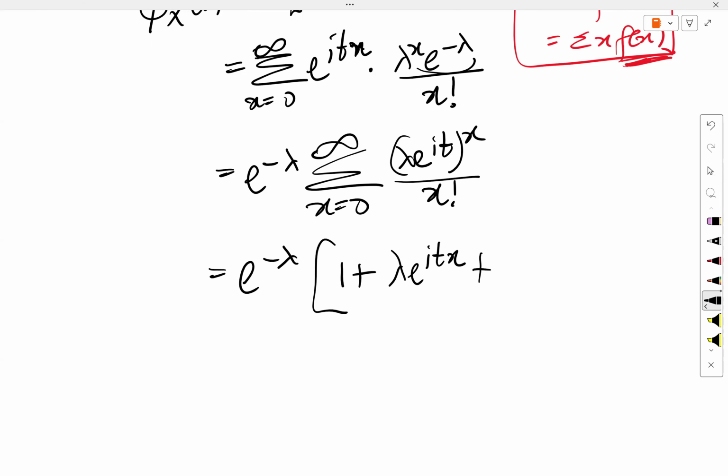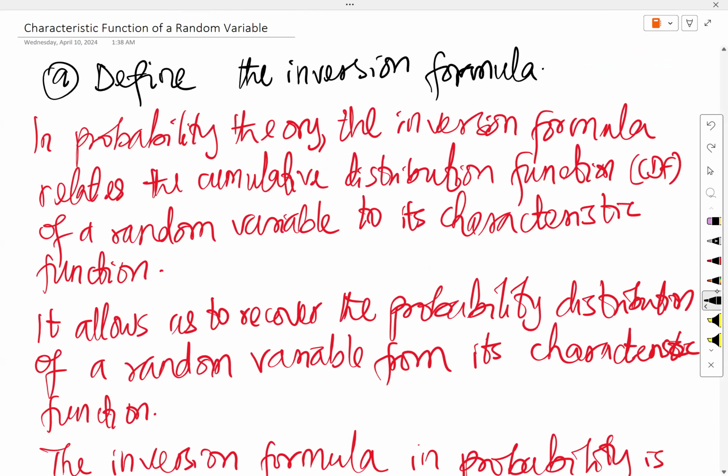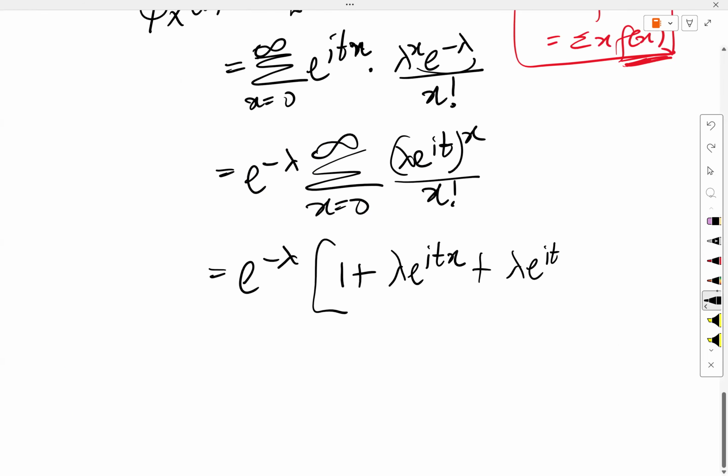Then next, lambda e raised to the power it all raised to power 2 over 2 factorial.